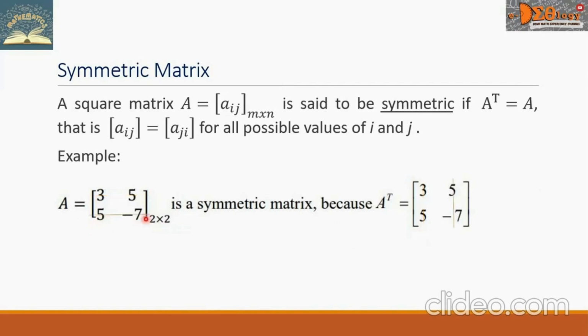Also, the second row of the matrix A becomes the second column of A transpose. We note that this is also a 2 by 2 matrix. Comparing the two, this A transpose is also equal to that matrix A. Therefore, this matrix A is symmetric.